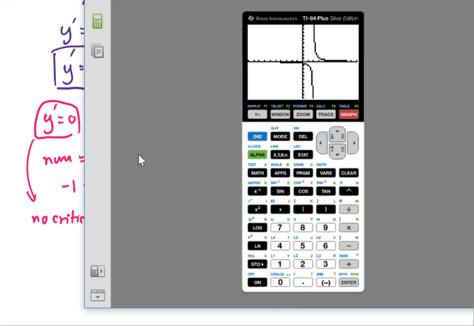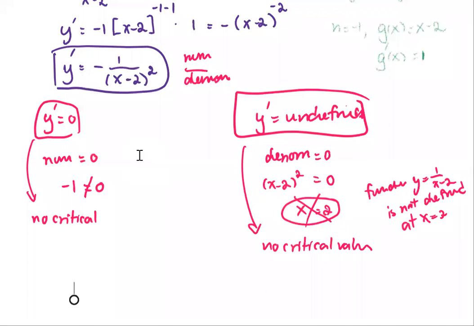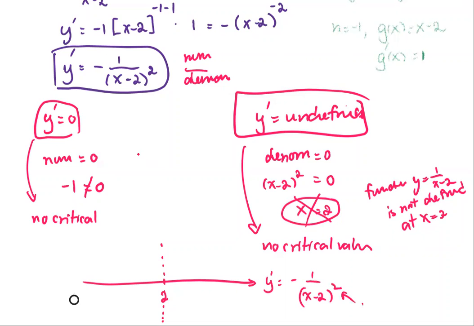When we come back here, if you draw the real number line, you can locate the value 2 on the line, but you cannot use it as an actual value to find the function value. Since y prime is in the form of negative 1 over the quantity x minus 2 squared, the power of 2 always gives you a positive, no matter what the quantity inside is before you square it.